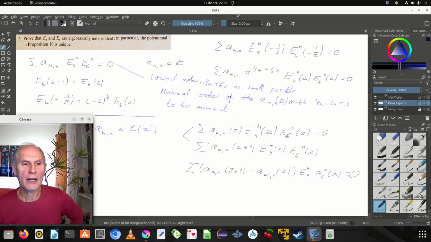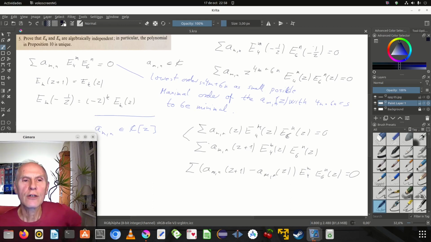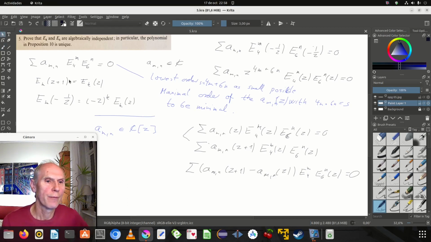It's about an hour later, and it suddenly occurred to me that I think I did solve the problem. We take algebraic independence over rational functions. That means that these are rational functions. And then we assume we have the lowest order possible.